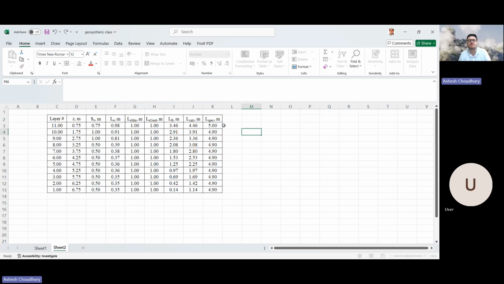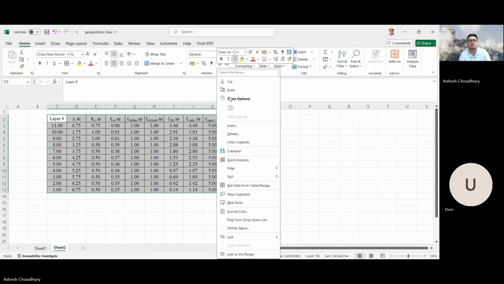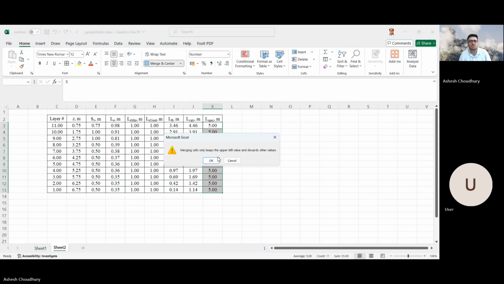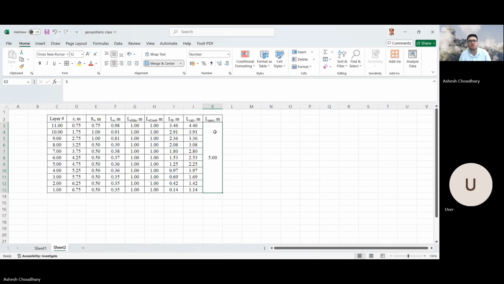Okay, so minimum L by H should be 4.9. So for all layers we are adopting 5 meters.